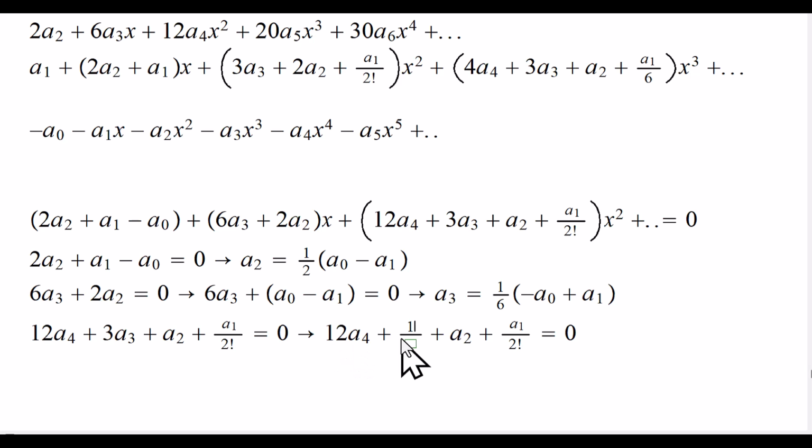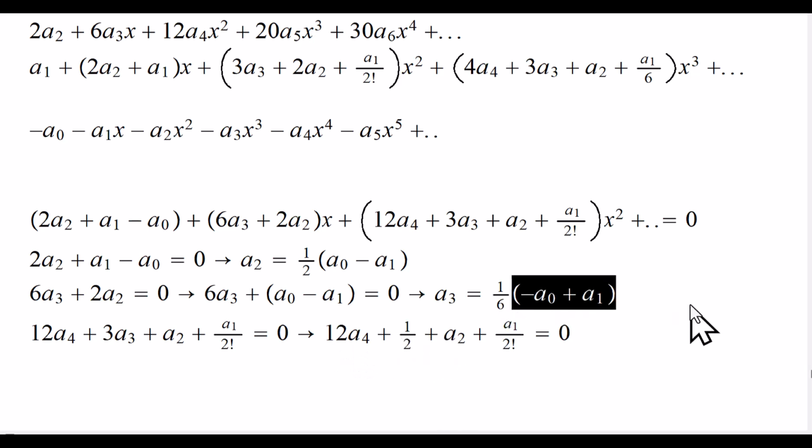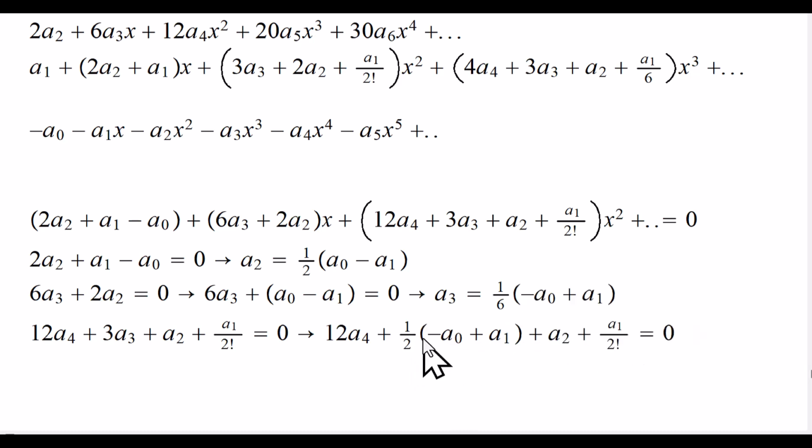So we'll write 1/2 times this quantity, right? Okay, so we got that here. And then for a2, what shall we write? 1/2 times the opposite quantity looks like, right? So let's just write it, whatever it is, and then plus 1/2 times the opposite quantity equals 0.